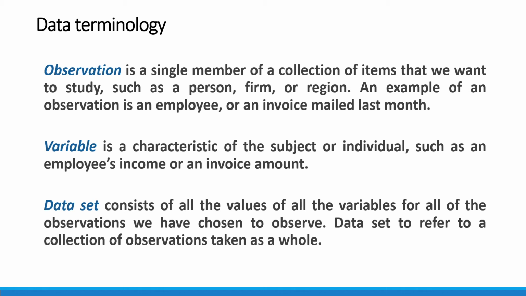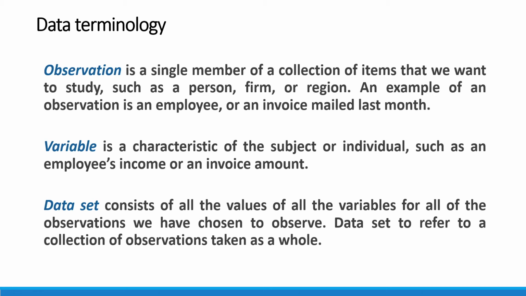The third definition is data set, which consists of all the values of all the variables for all of the observations we have chosen to observe. Data set refers to a collection of observations taken as a whole.